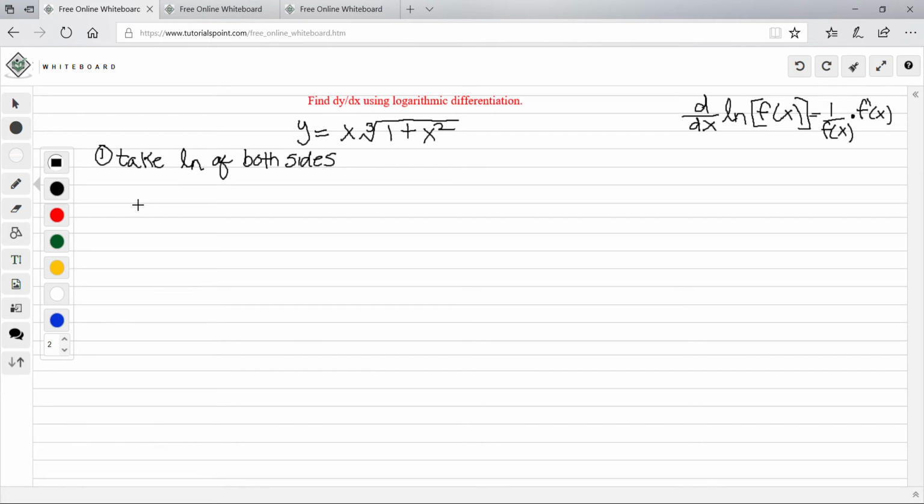I'm going to take the ln on both sides, so I'll put it right here. So ln of y, and then ln of this whole thing.